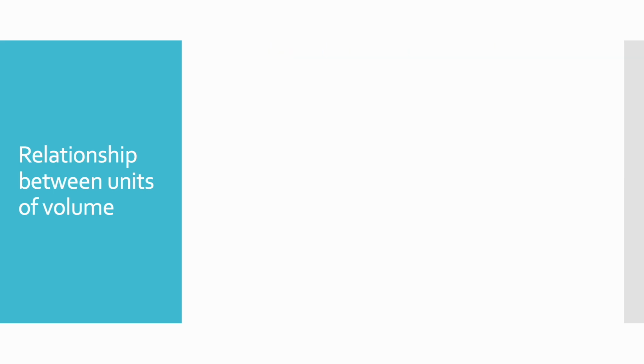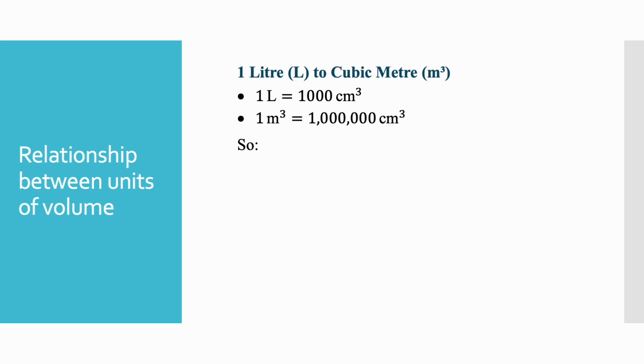Now let's see how liters are converted into cubic meters. We know that 1 liter is 1000 cubic centimeters, and 1 cubic meter is 10 raised to 6 cubic centimeters. To convert liters to cubic meters, we divide 1000 by 10 raised to 6.